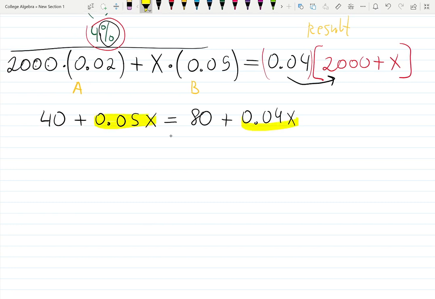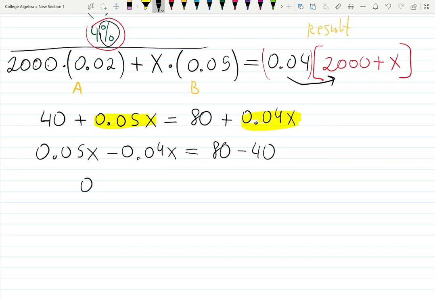Collect the unknowns on the left hand side, collect the constant on the right hand side. 0.05x minus 0.04x equals 80 minus 40. That is going to be 0.01x equals 80 minus 40 is 40. X is, I'm dividing by 0.01. That means I'm actually multiplying by 100.